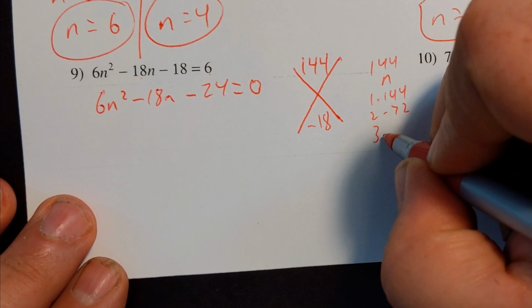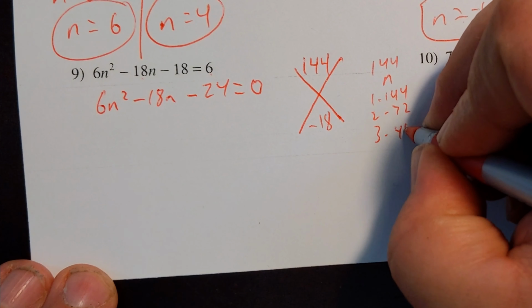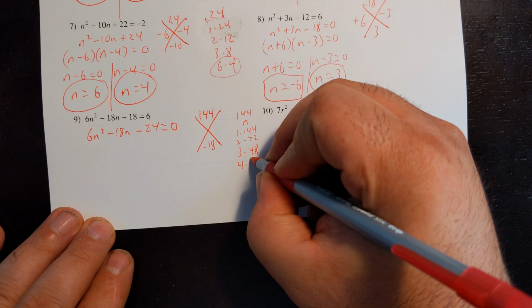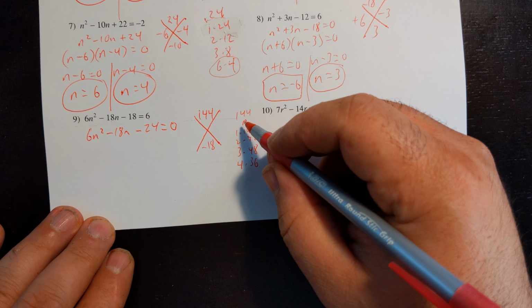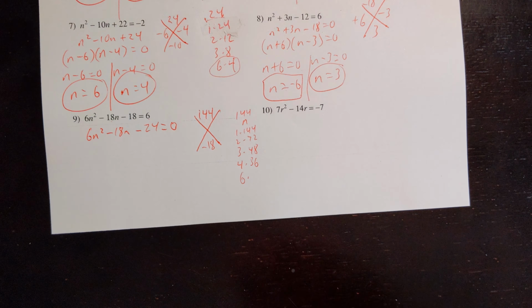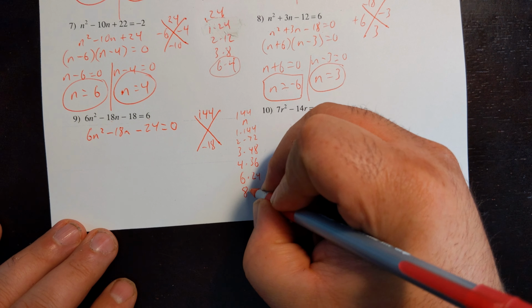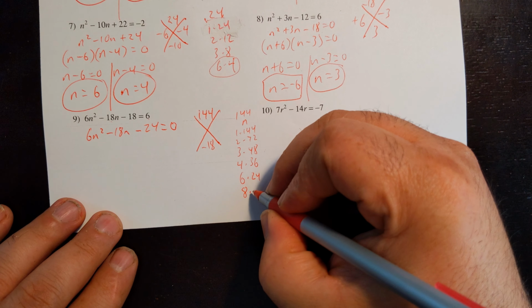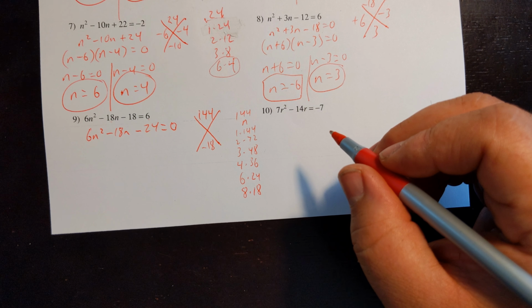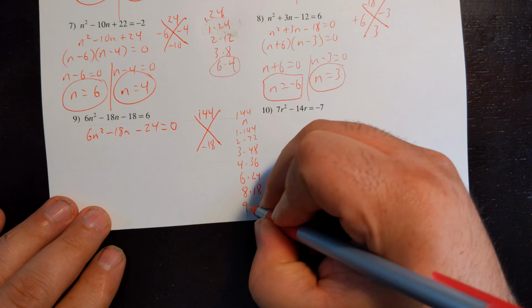72, 3 times 48, 4 times 36, 5 is not going to work, 6 times 24, 8 times 18, and let's see if 9 works.